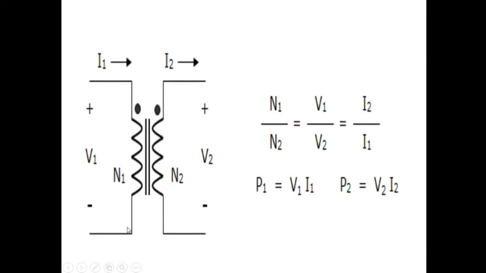As a result, I2 current will be induced at the secondary side. Now the relation is N1 by N2 equal to V1 by V2 equal to I2 by I1. We know voltage is inversely proportional to the current. Now, number of turns also inversely proportional to the current.